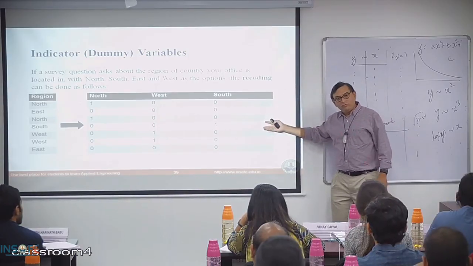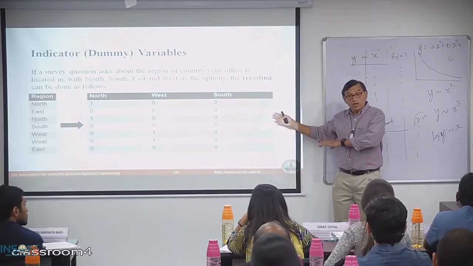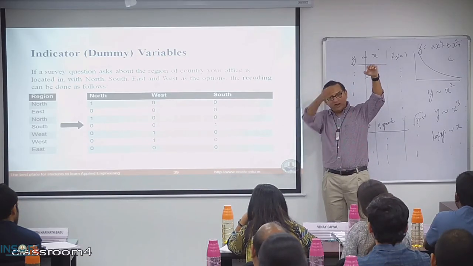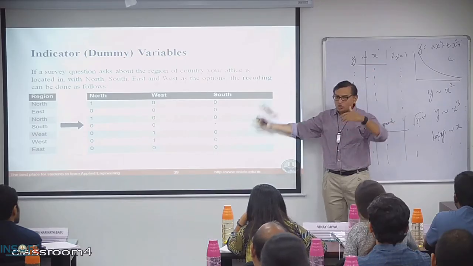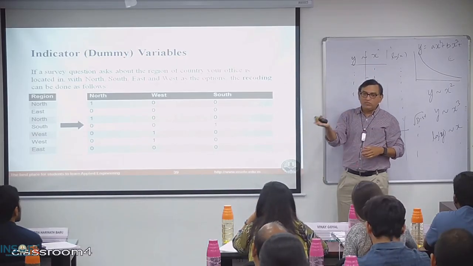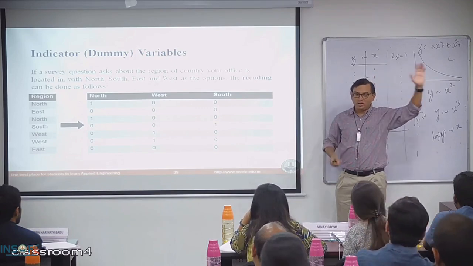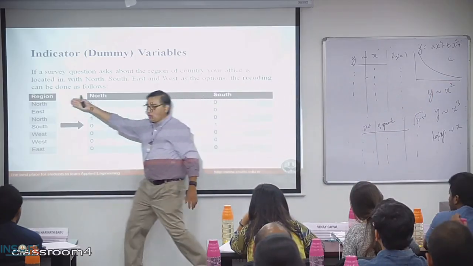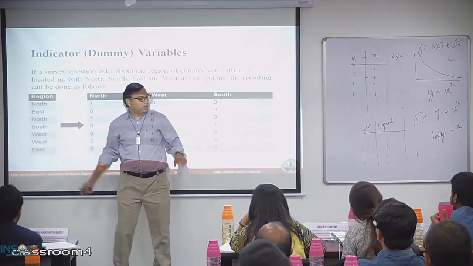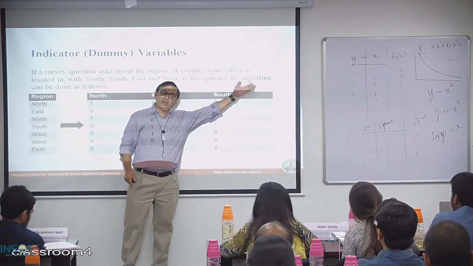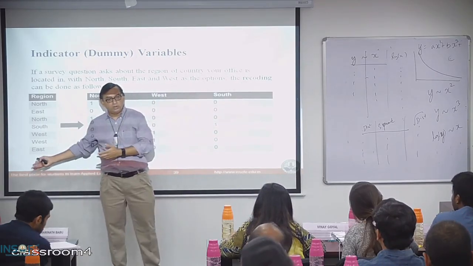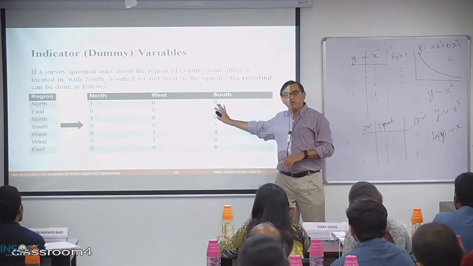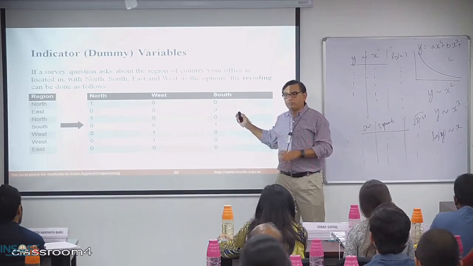The regression fit will not actually know that it can take only 0 or 1. It will think that it's some analog number and it will fit a line. But there is no situation in which it's going to be tested with any other values. When you're doing a test set, when a new forecast has to be done, the forecast will have only these numbers. So you can translate that number into appropriate zeros or 1 and evaluate the regression value and then give your final answer. So any categorical variable can be converted using this. Is the idea clear?